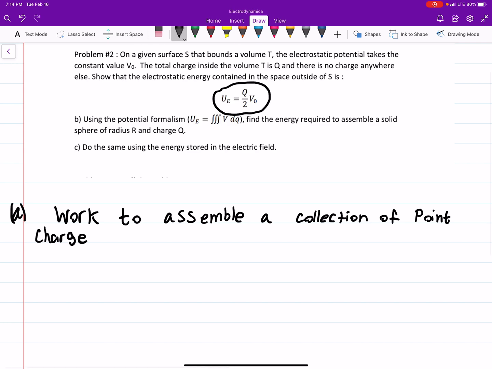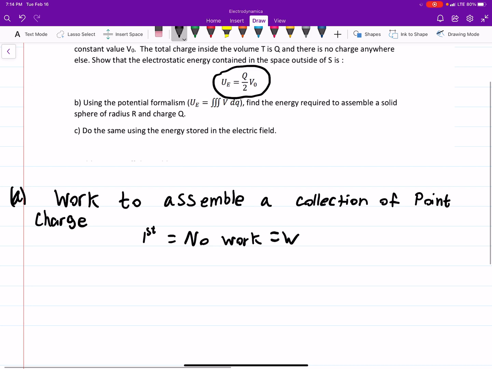Like we talked about in class, if you are bringing charges in from infinity to this point, the first charge you basically get for free. There's no other charge acting on it, so for the first charge, there's no work. And we'll just call this work 1.